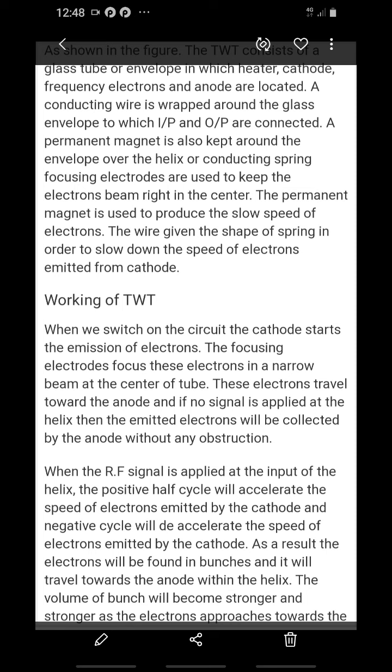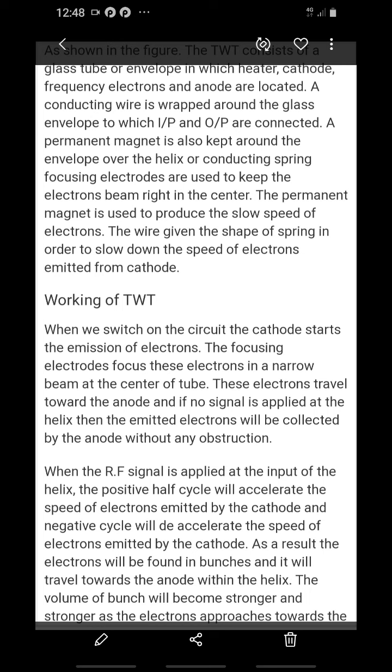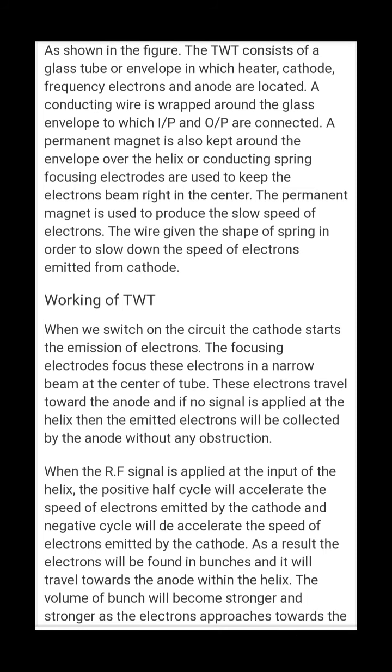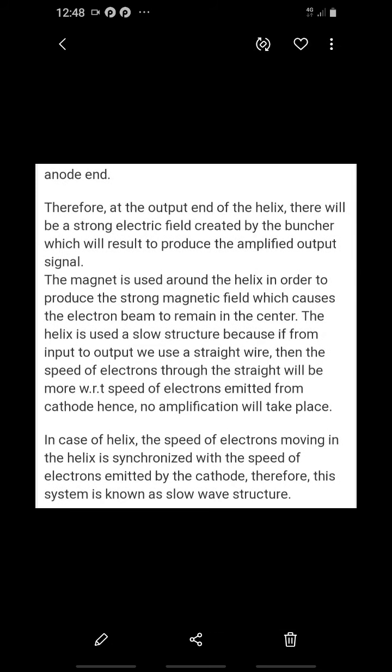As a result, the electrons will be found in bunches, and they will travel towards the anode within the helix. The volume of a bunch will become stronger and stronger as the electrons approach the anode end.